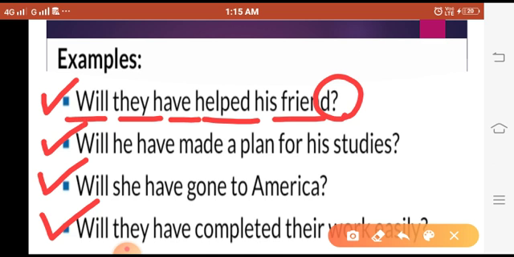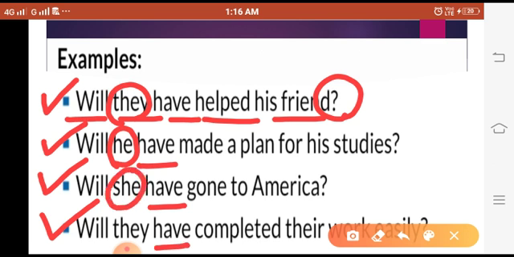But here, this formula is not applied, because while forming sentences in interrogative form in future perfect tense, no matter if your subject is plural or singular, you will have to use the word have with all kinds of subjects.